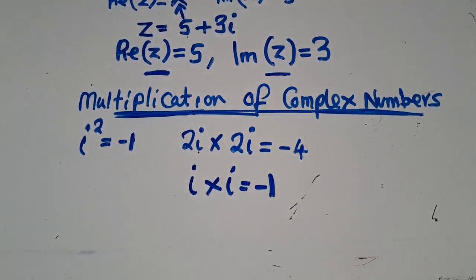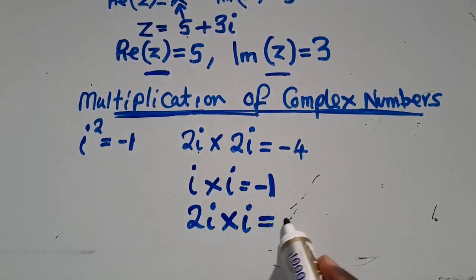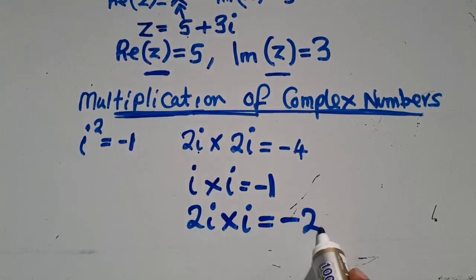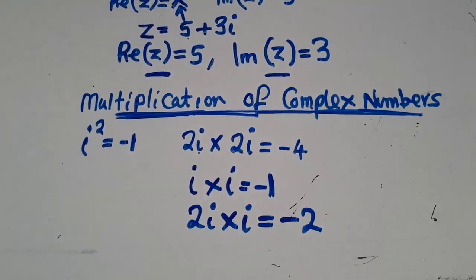But 2i times i, what is your answer? -2, because i times i gives a negative, and 2 times 1 is just 2. Hope you are able to understand this clearly.